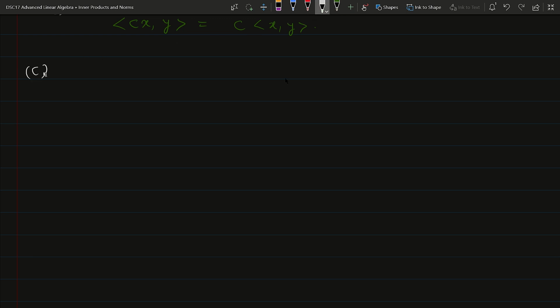Now in the c part we need to identify the conjugations. So you just write directly x comma y bar is same as summation i running from 1 to n of ai bi bar, and then a whole bar.